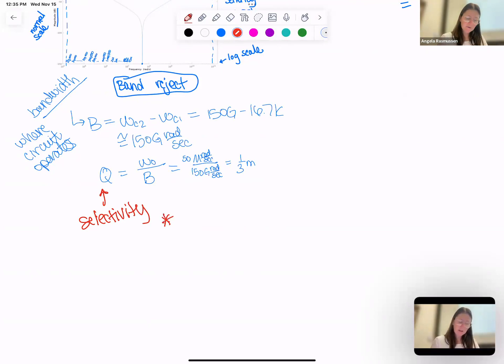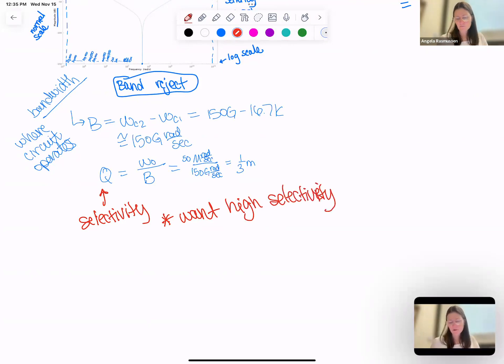So for a band reject, you want high selectivity, meaning a high Q. And this is opposite that, right? 1/3 milli is really low. So Q of 20, Q of 50, that would be a high value.